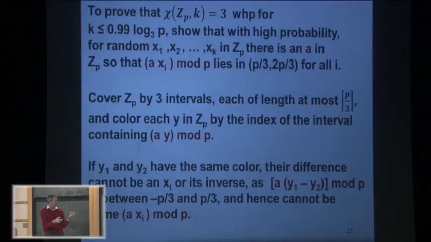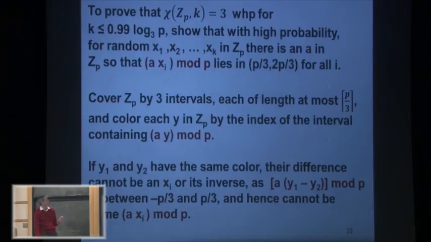Because of this, the difference cannot be in the middle interval between p/3 and 2p/3, so it cannot be plus or minus a*xi. And that means that they are not connected, right? Because if the difference between them had been plus or minus xi, then after we multiply by a, the difference between them would be plus or minus a*xi. Okay. So it will be enough to prove this.